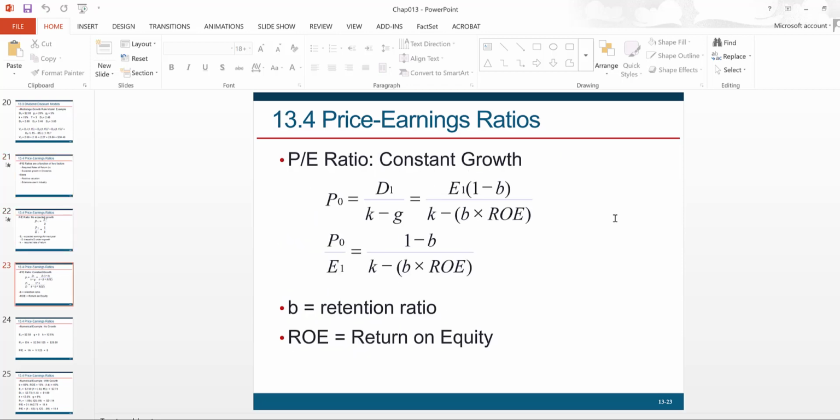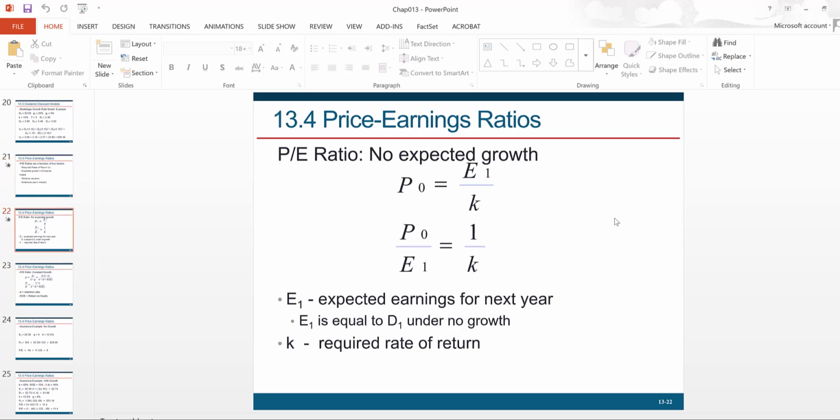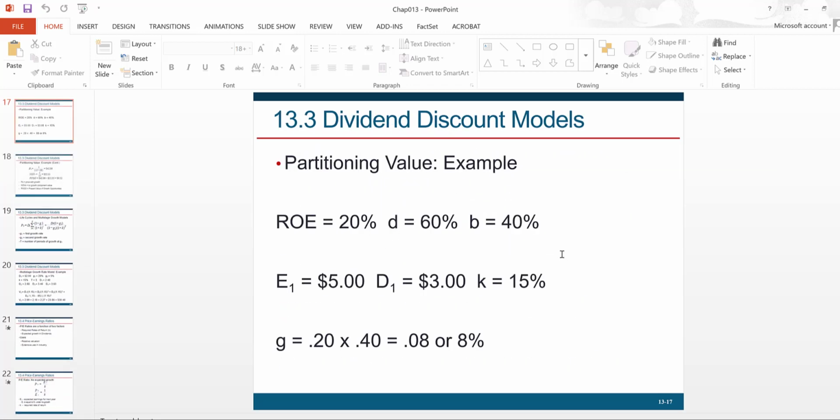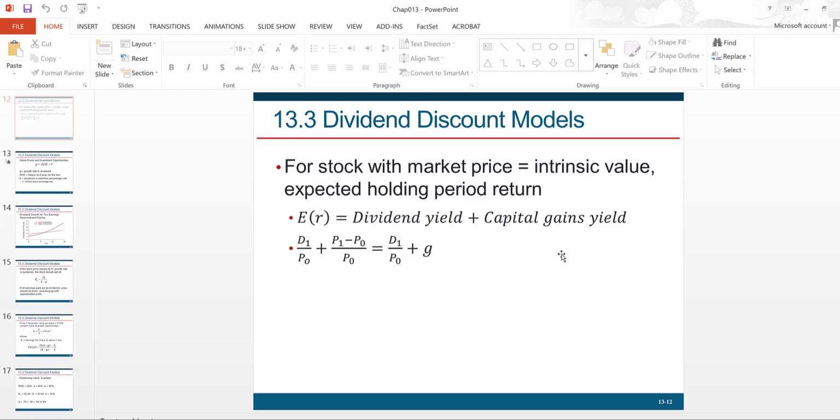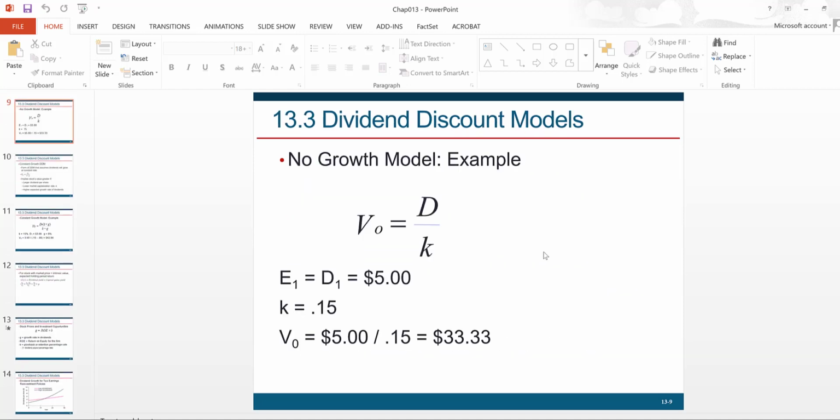Okay, so starting with our no growth case. If you recall, the no growth scenario is the assumption that there is no growth rate in earnings or dividends, and therefore our dividends remain the same. All the earnings are paid out as dividends.